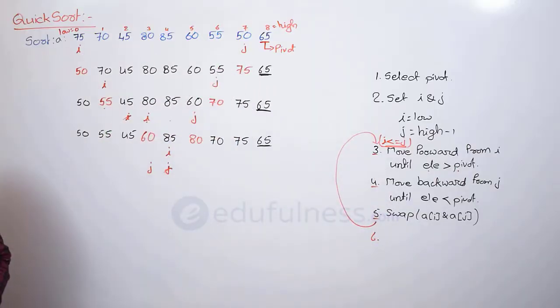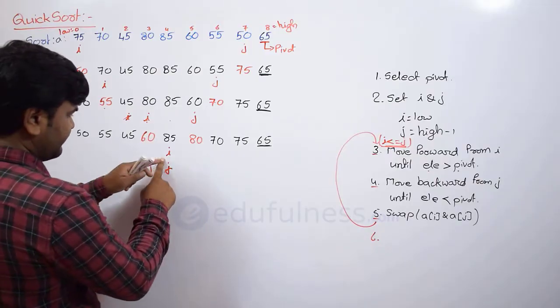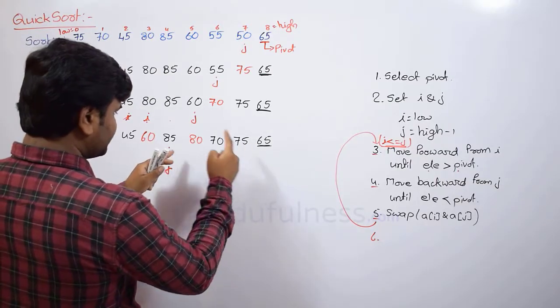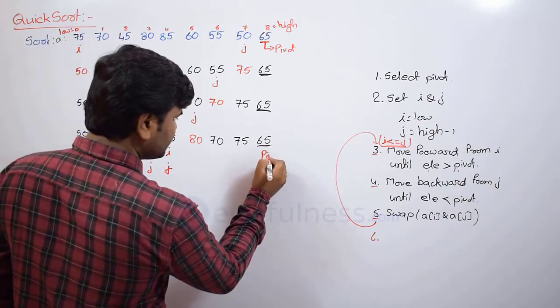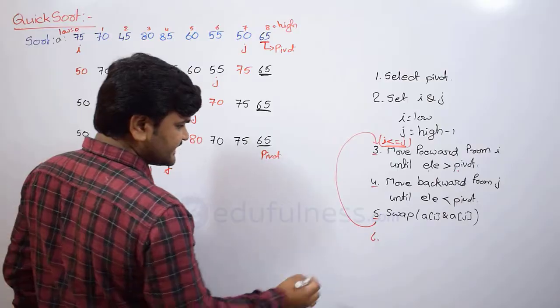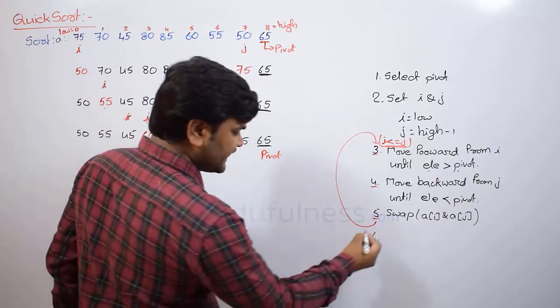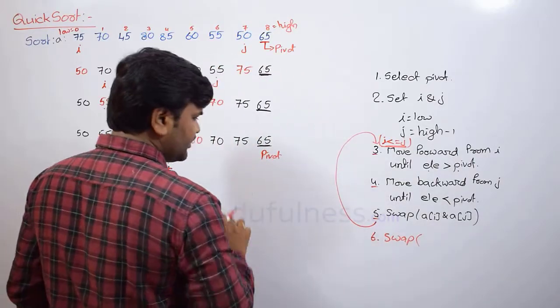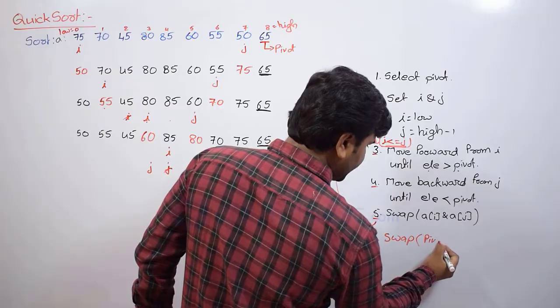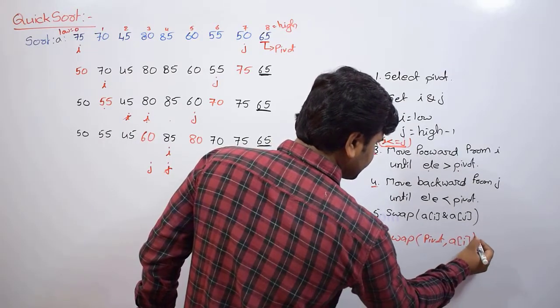Very, very important: wherever I is and wherever the pivot is, we are going to swap those two. We know that this is the pivot. So in the sixth step, immediately after coming out of these three steps, we are going to swap the pivot element with A of I.